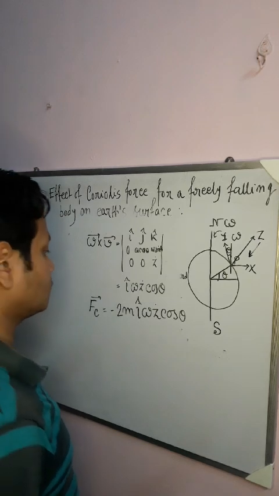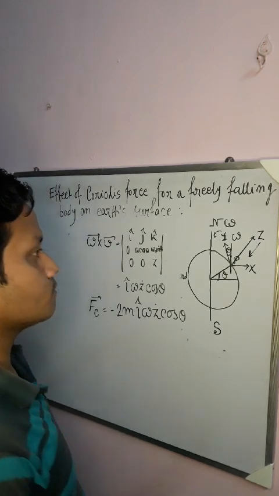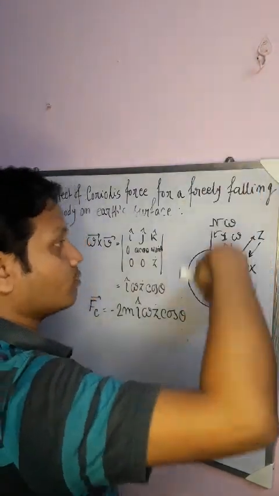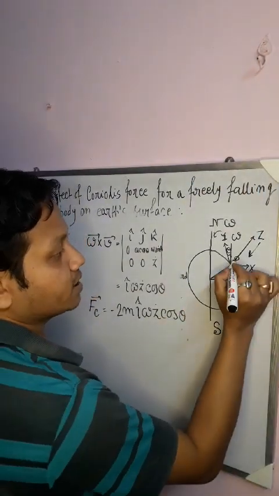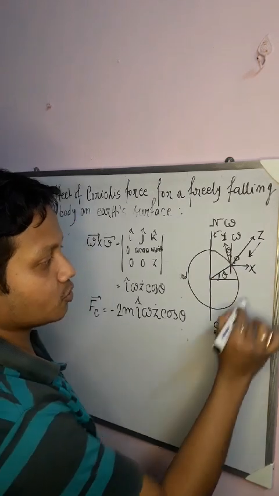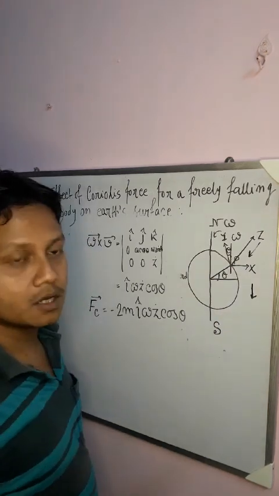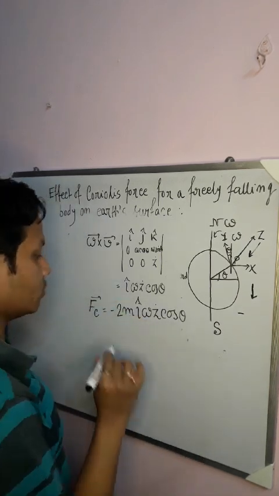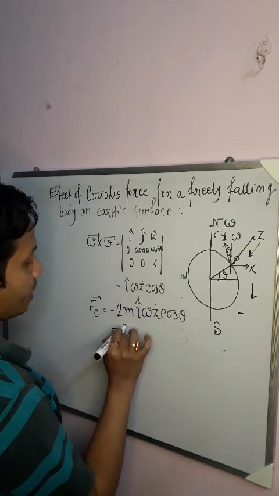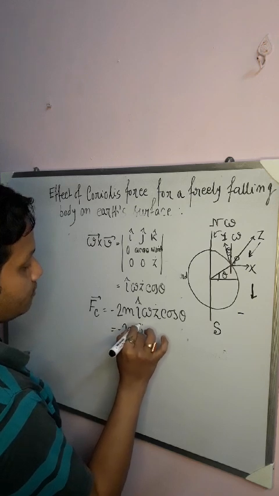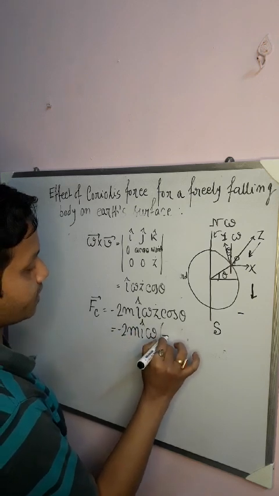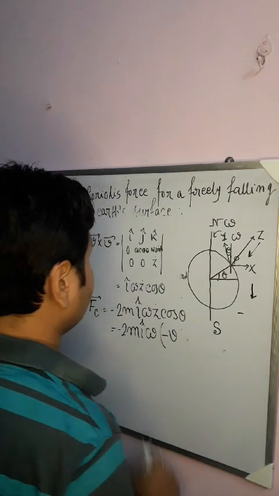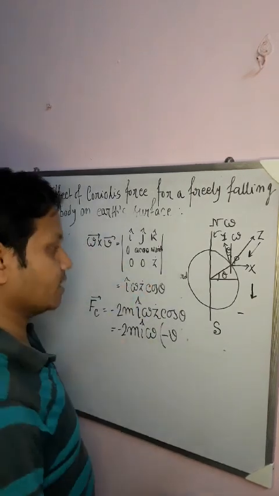Okay, now remember one thing, that the body is thrown vertically in the downward direction so that it can reach the Earth's surface. That means the body is falling in the downward direction. So here we can take the velocity negative since it falls downward. Minus 2m i cap omega, this we take as minus v. Okay, if the velocity is v, we take minus because there is a downward fall.